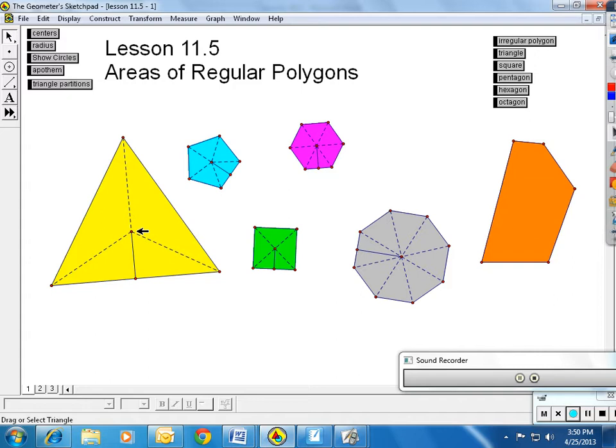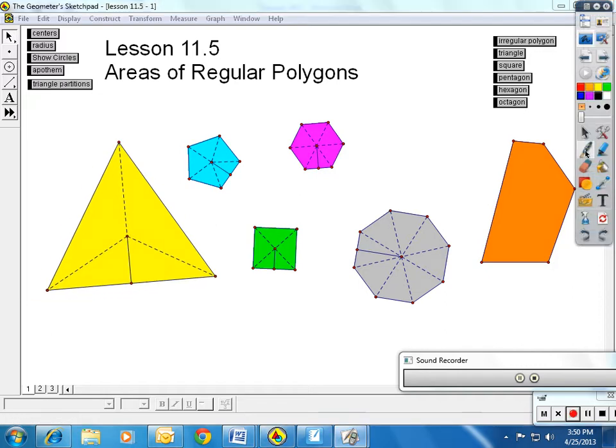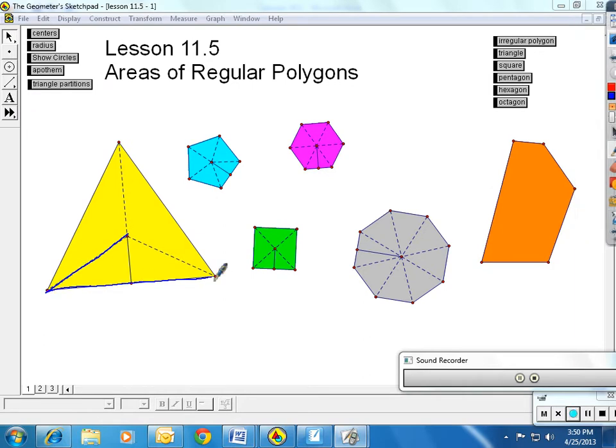So, we know how to find the area of this triangle. So let's just look at this one right here. Find the area of that. Using our terminology, if this is my radius, and this is A for apothem, and this length here is my base, right?